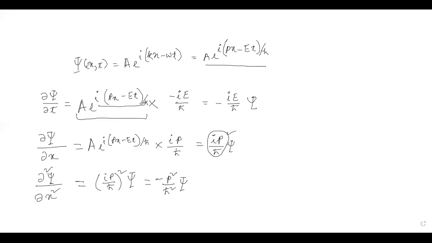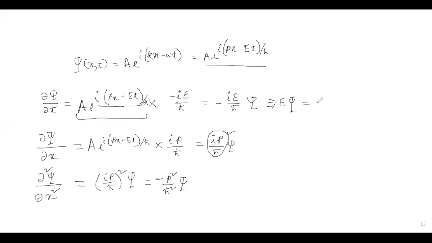So differentiating psi with respect to t once, we get this. So from this you solve for E psi. Therefore E psi will be equal to, you take minus i by h bar towards the left.